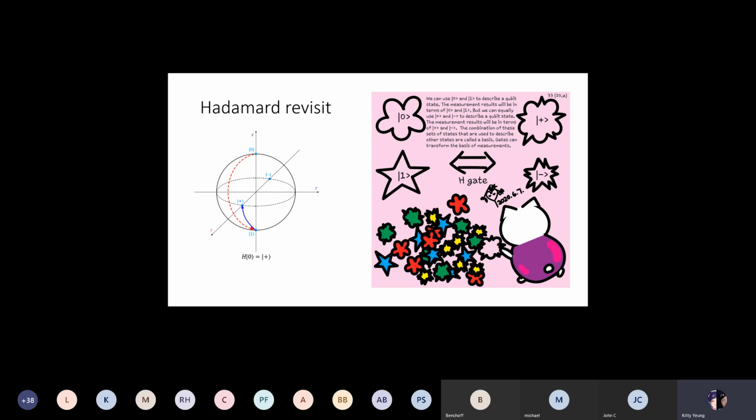I haven't talked about measurement in the last class yet, but people who have taken previous sessions have seen what measurement does, and that's what we're going to talk about next time. So what's interesting about some gates is that they can put these basis states to an orthogonal location.